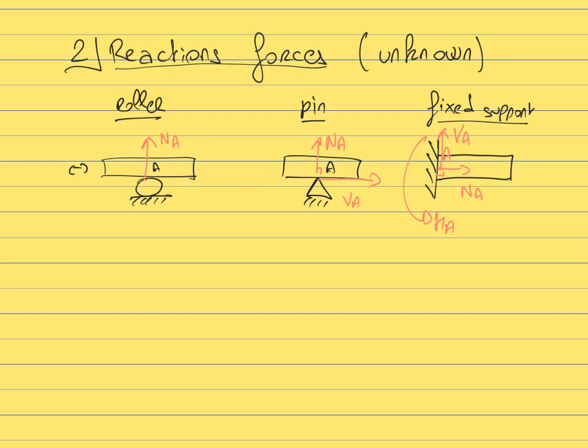So in the case of the roller, you get one unknown force. In the case of the pin, you get two unknown forces, and in the case of the fixed support, you get three unknowns, two forces and one moment. In each case, the unknown forces are all the degrees of freedom that are blocked by the support.